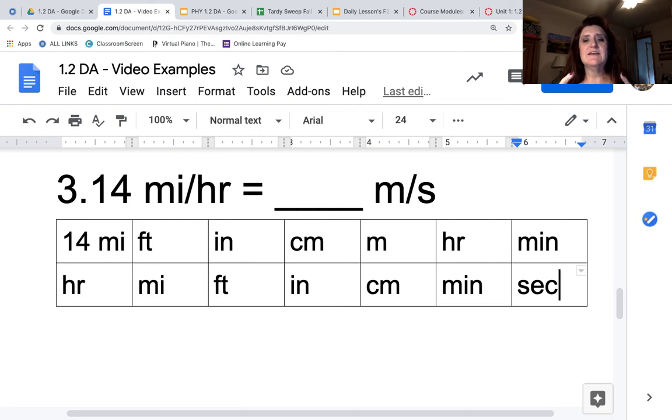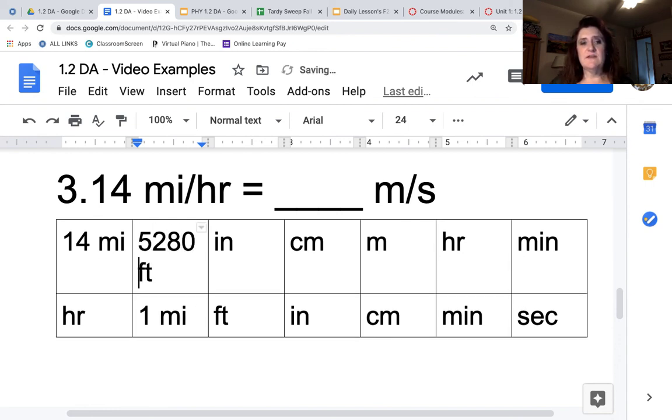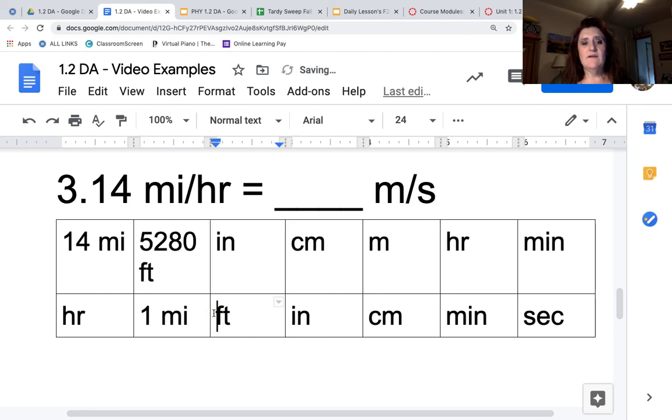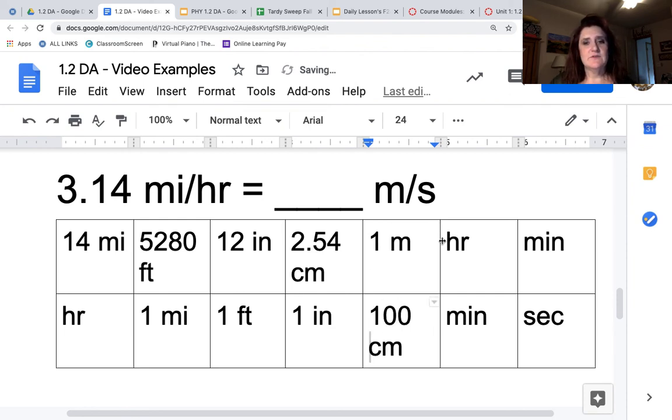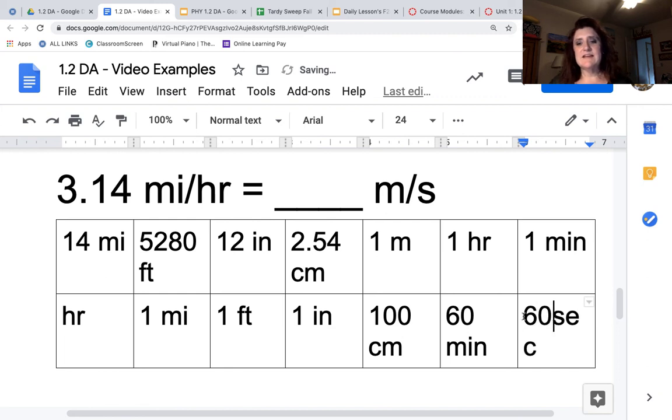Now I go and get the equivalent number relationships. 1 mile is 5,280 feet. 1 foot is 12 inches. 1 inch is 2.54 centimeters. 1 meter is 100 centimeters. 1 hour is 60 minutes. And 1 minute is 60 seconds.